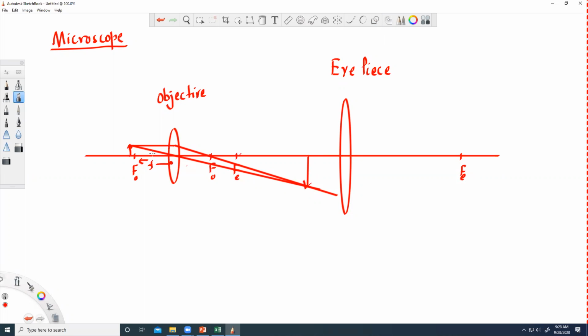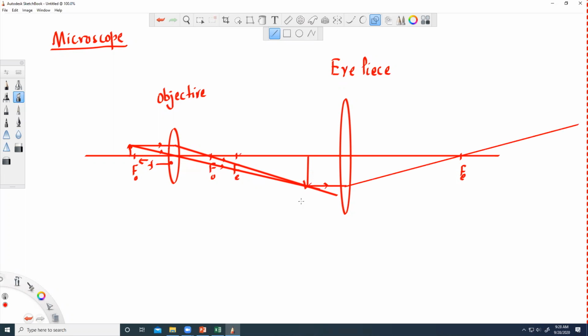When you draw it, you need to draw the arrows to show which way the light is going. Now this image becomes the object for the eyepiece. For the eyepiece, if you draw a straight line parallel to the axis, by the rule, it needs to go through the focal point.